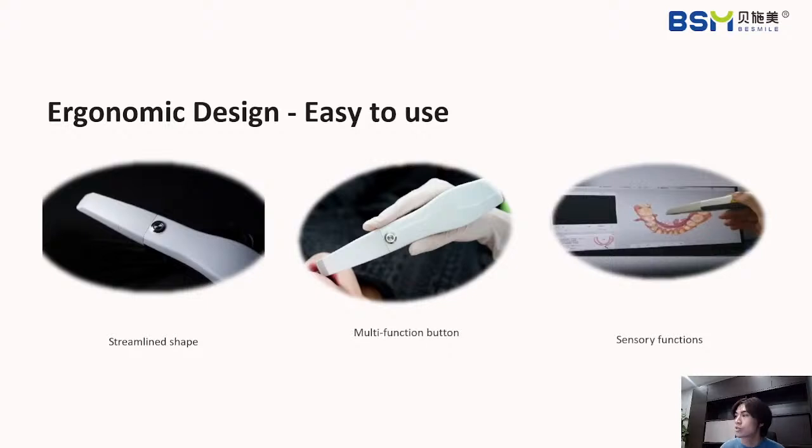And we also have a sentry function which enables you to check the 3D quality like playing a video game. You can just hold your scanner and rotate or move the 3D model to check the data quality 360 degrees. That's very helpful.